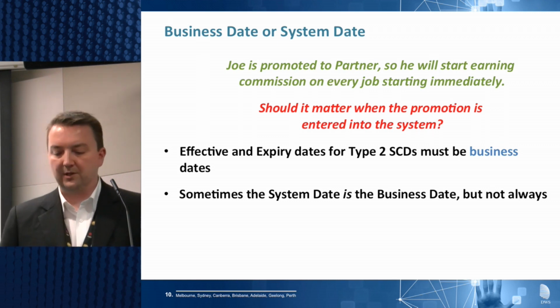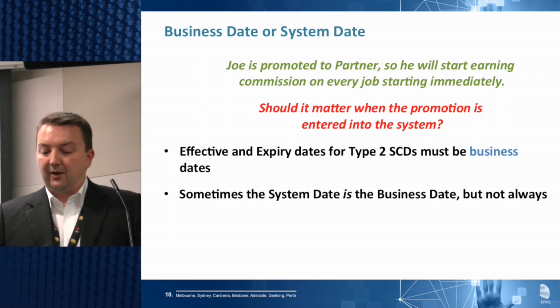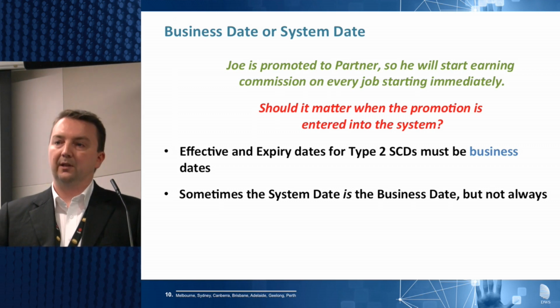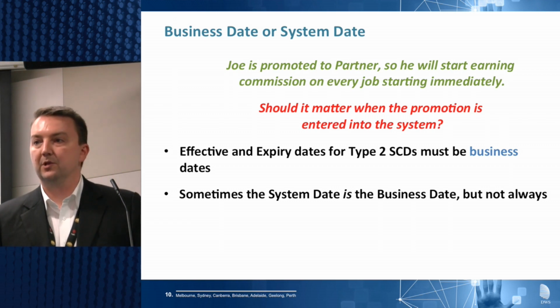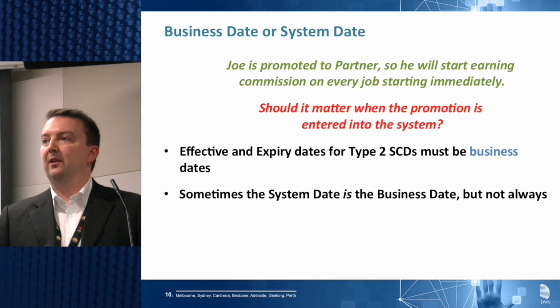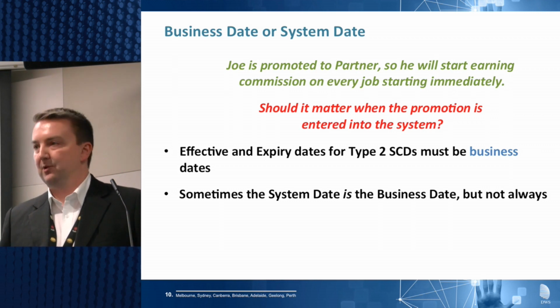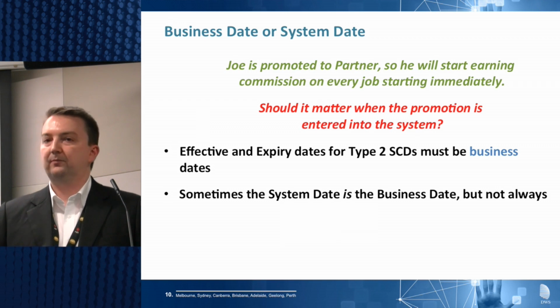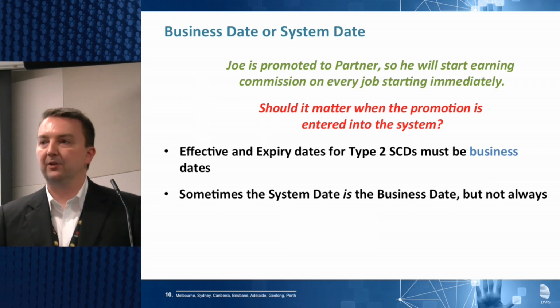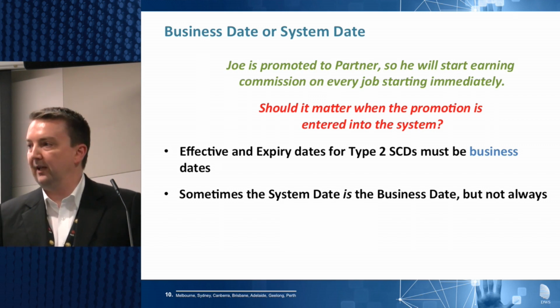System date is very often the business date, but it's not always the case. And it's probably the single biggest error I see in data warehouses in the design of type 2 slowly changing dimensions: we get in the habit of using system dates because of the absence of a business date. Often when data comes into a dimension, there are no dates on it at all, and we have to approximate a date.